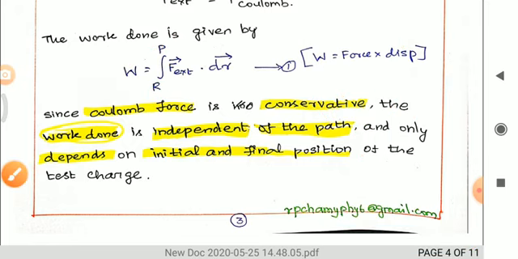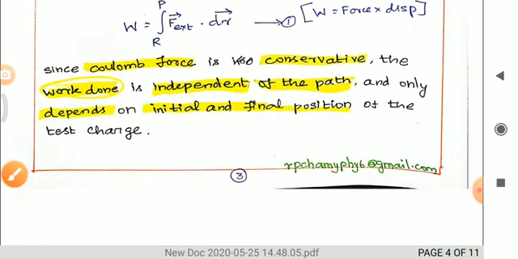Now the Coulomb force is also conservative, as we discussed in the first topic, Coulomb's law. The charges remain conserved, so the work done is also conservative. Work done being conservative means it is independent of the path.